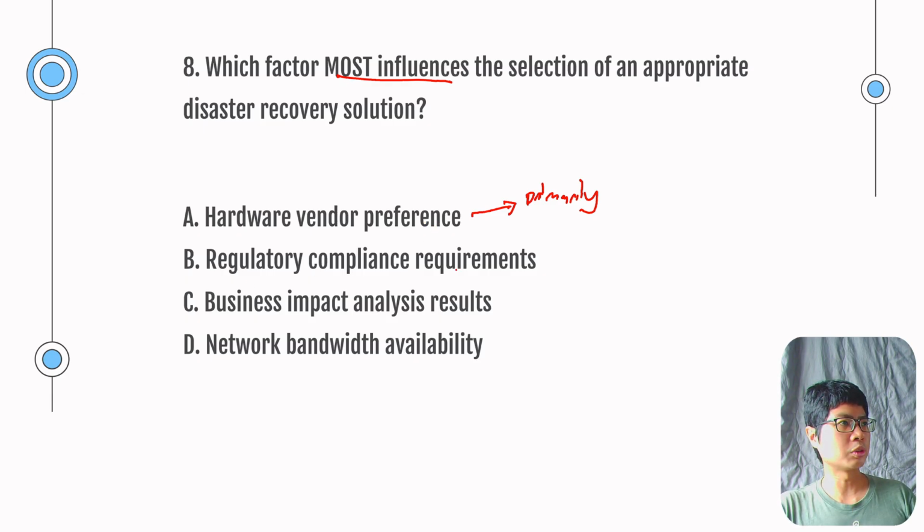Regulatory compliance requirements. Maybe a lot of businesses will say this would be the most important thing if they are very compliance focused. The regulator requires us to have a disaster recovery solution, and so we are doing all this just for the sake of regulatory compliance. But this is not a very good mentality to have.